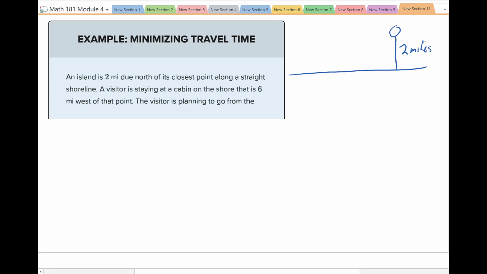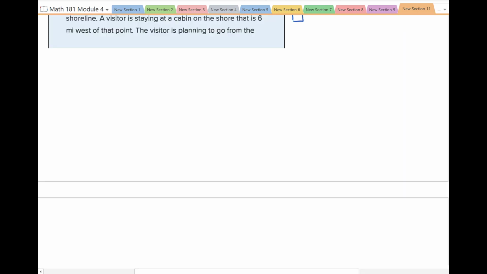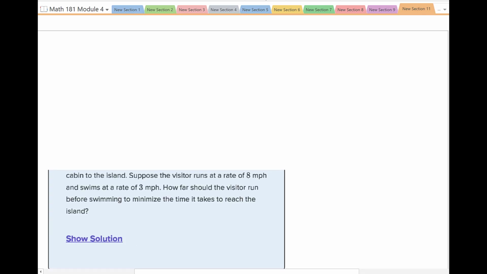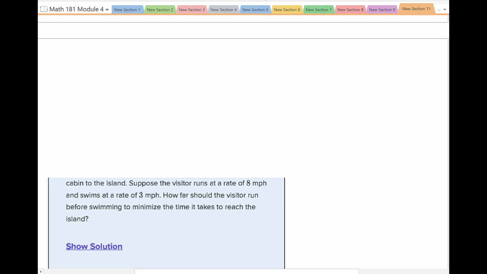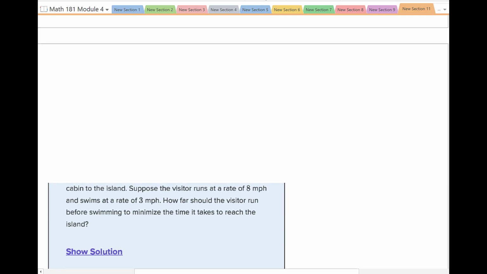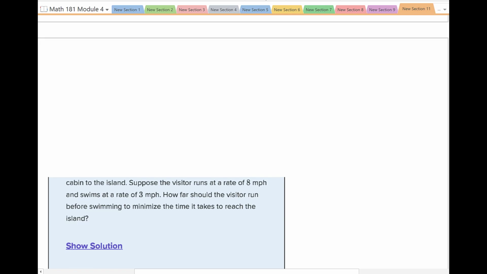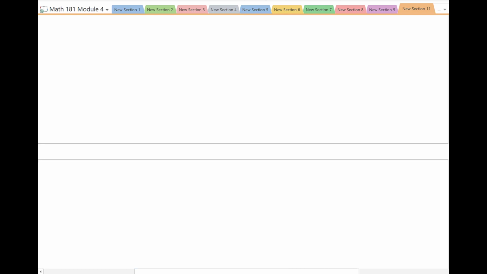A visitor is staying at a cabin on the shore that is 6 miles west of that point. The visitor is planning to go from the cabin to the island. Suppose the visitor runs at a rate of 8 miles per hour and swims at a rate of 3 miles per hour. How far should the visitor run before swimming to minimize the time it takes to reach the island?